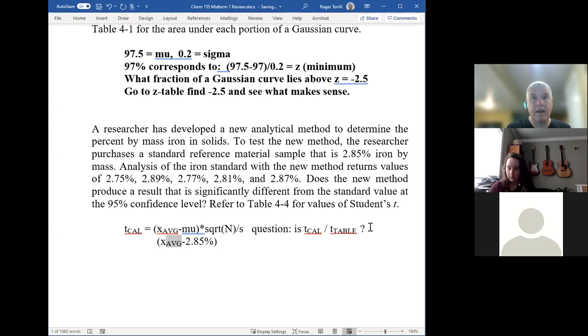Then times square root of 5 divided by s. I'm not going to calculate s. And then you just compare this to T table.